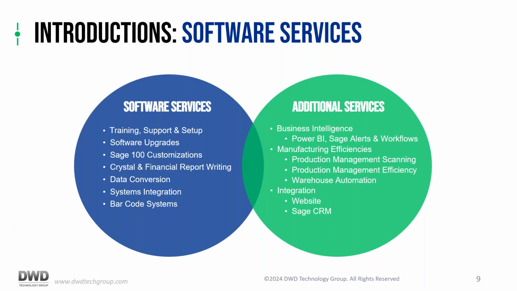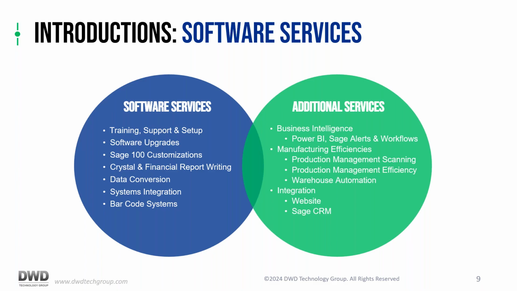Report writing, be it Crystal, be it Sage Intelligence, be it setting up data for you to have a Power BI expert, right? Power BI dashboards, right? Many different things we've seen in that financial report writing space. Data conversion. So, if someone buys another company and we need to help them pull information out of QuickBooks and load it into Sage 100, right? Mentioned system integrations. Barcode systems really falls under that.